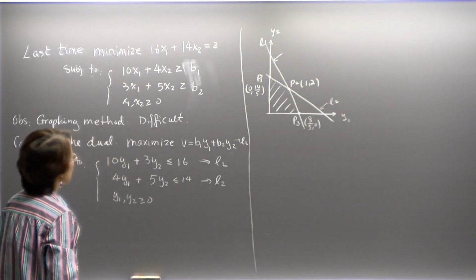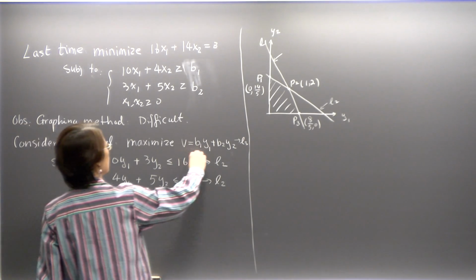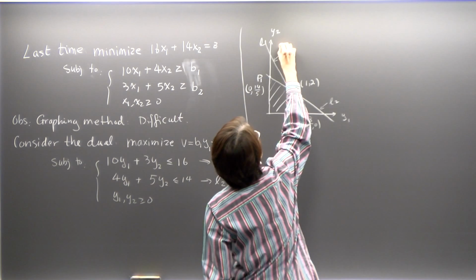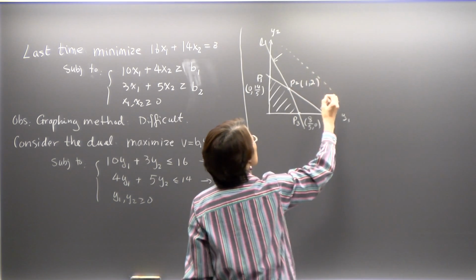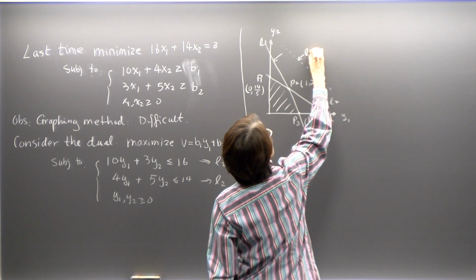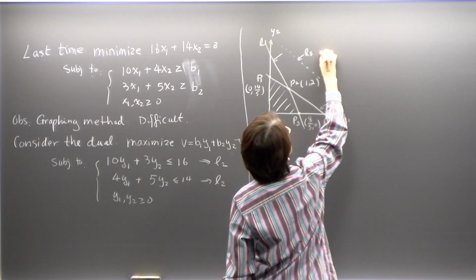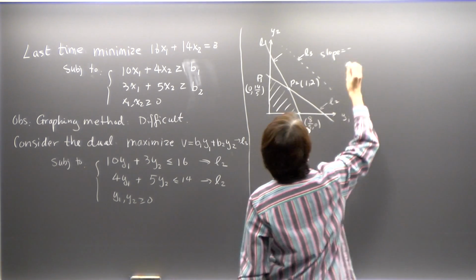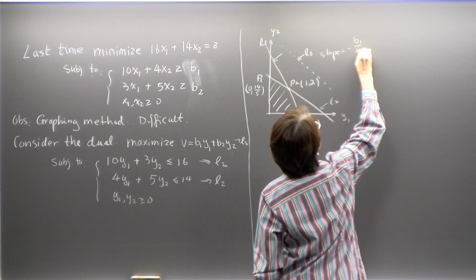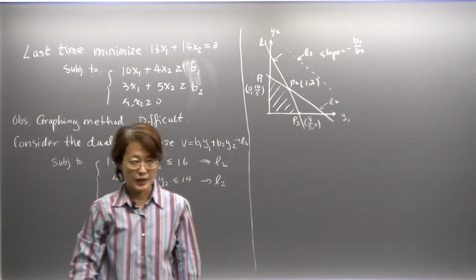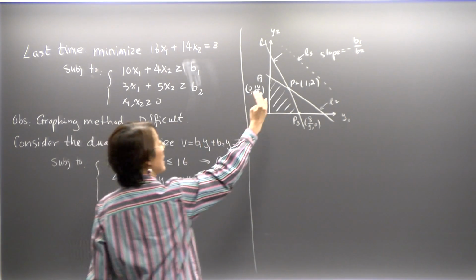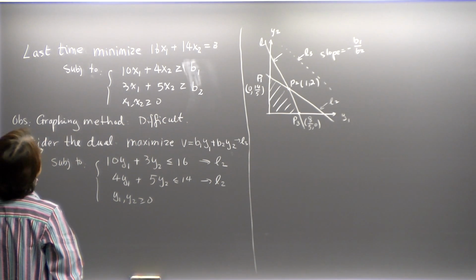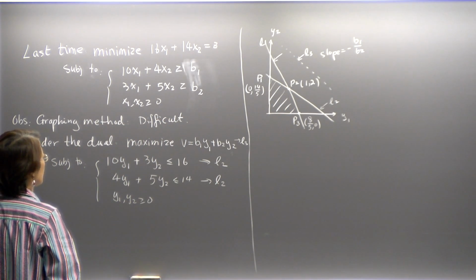Okay. And then I draw the contour line of this V, and depending on the value of B, it will take a certain slope. So for L3, what I know is the slope of this would equal negative B1 over B2, right? Depending on the slope, as I come down, I'm trying to maximize.